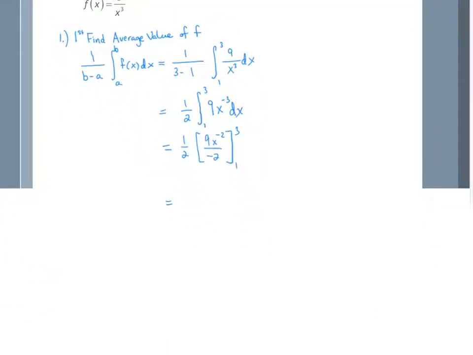Now let's clean that up, simplifying. So this will be negative 9 over 2x squared from 1 to 3.